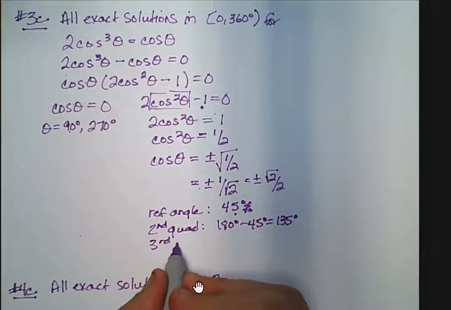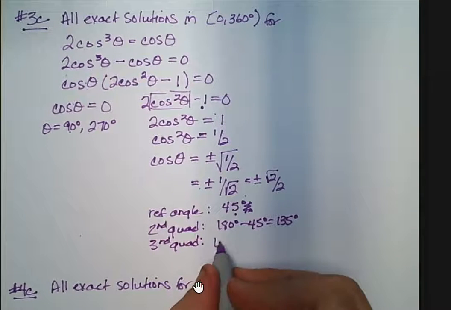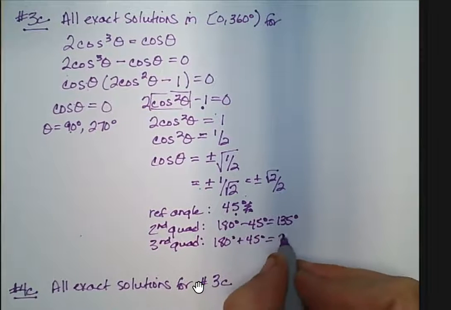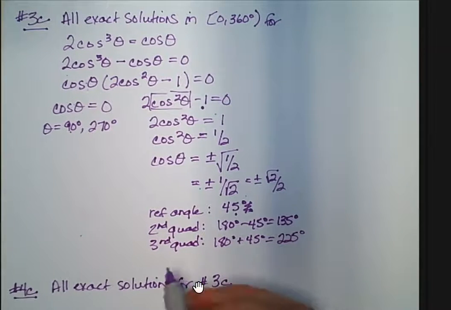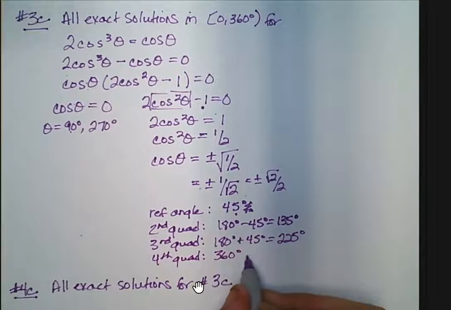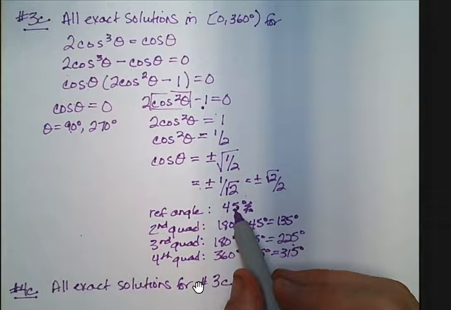In the third quadrant, we do 180 plus 45, which gives us 225. And in the fourth quadrant, we're taking 360 minus 45, which gives us 315.